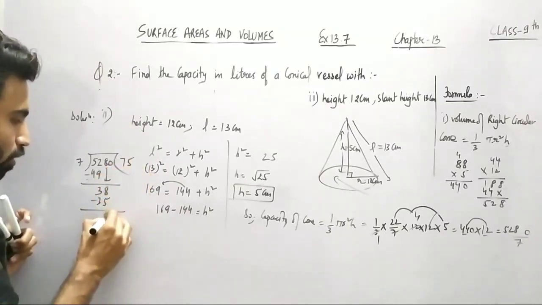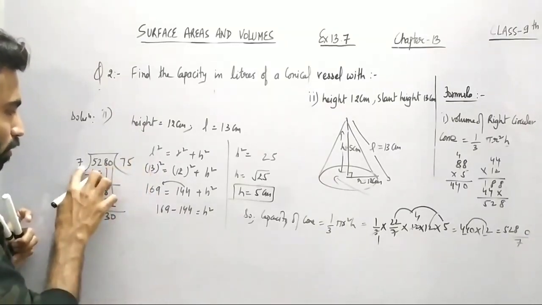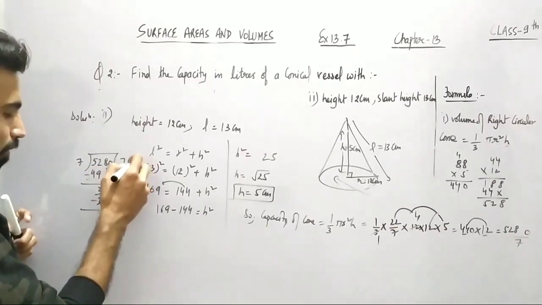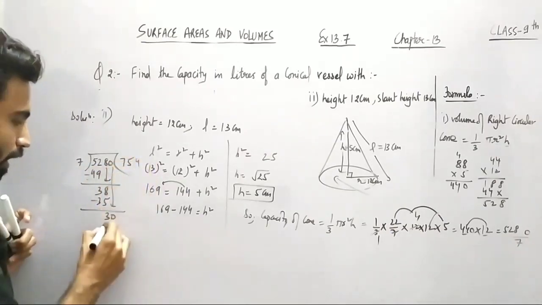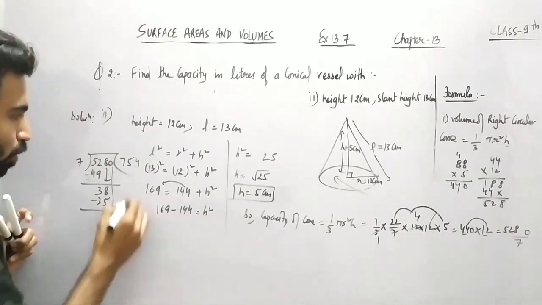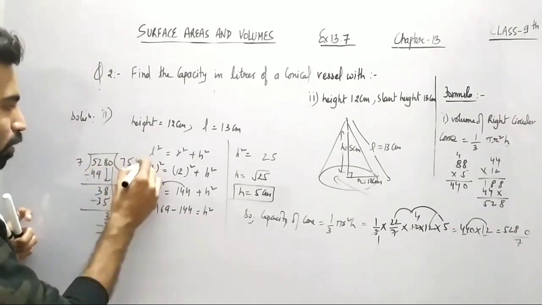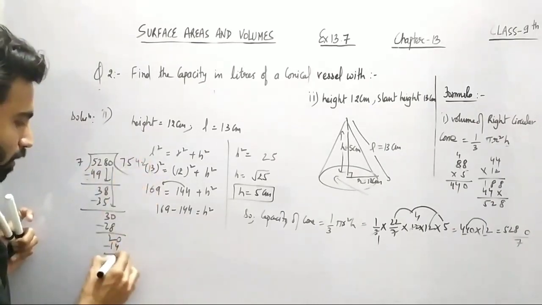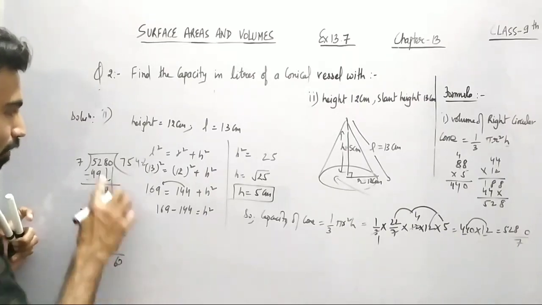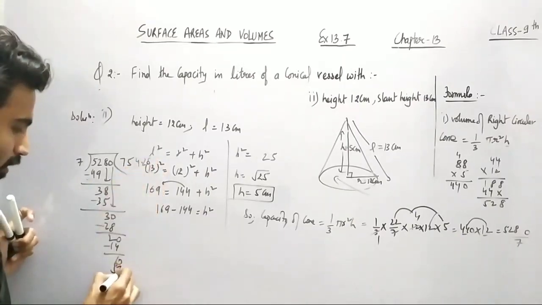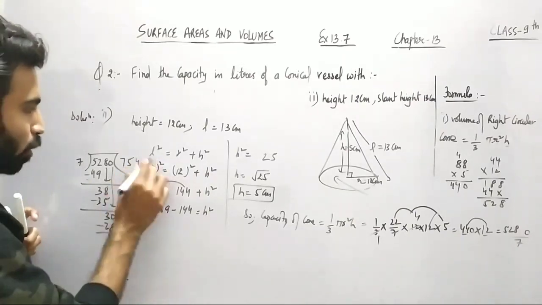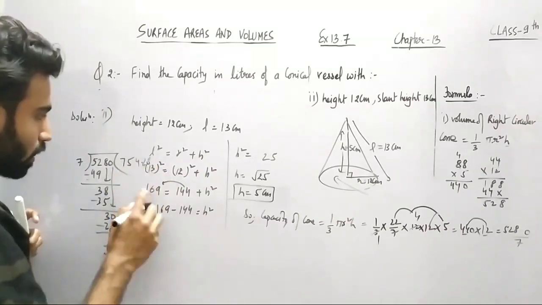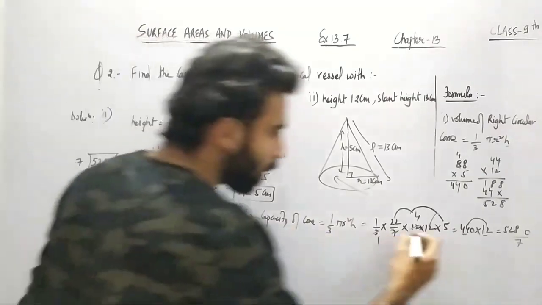So if I reduce it, 3 and then a 0 down, so 7 4s are 28, right? So remaining 2, then a decimal 0, so 7 2s are 14, then a 6, so decimal 0, so 7 8s are 56, right? So now you can take it up to 2 decimal places, so you can see that is 754.28, right?